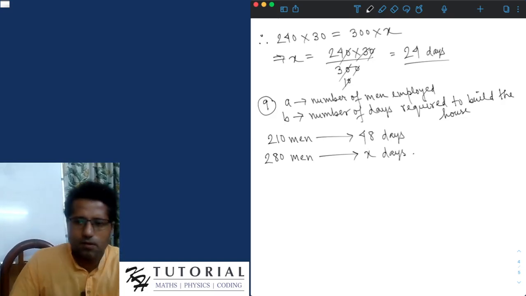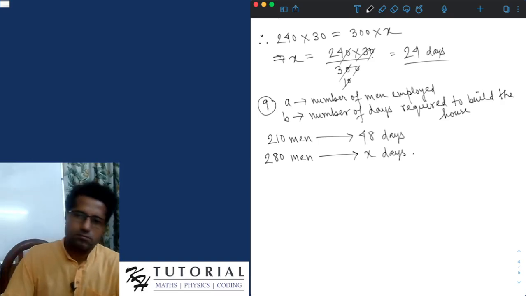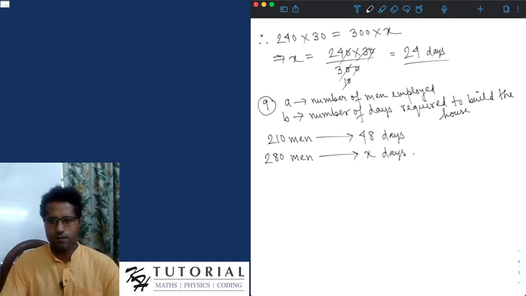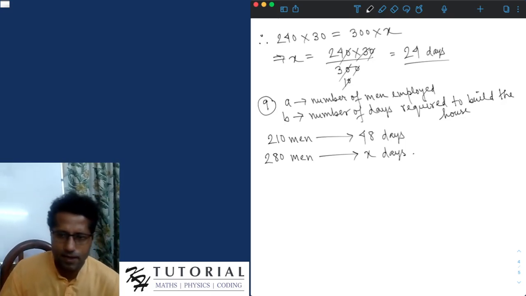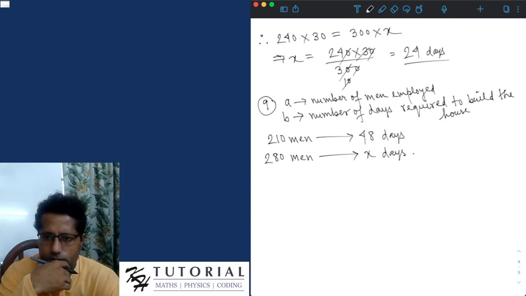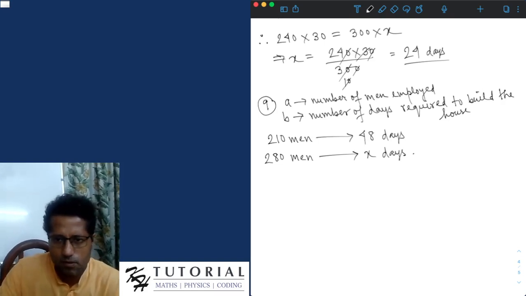So now we have this: 210 men will take 48 days to complete the remaining work. This is about the remaining work, RW.